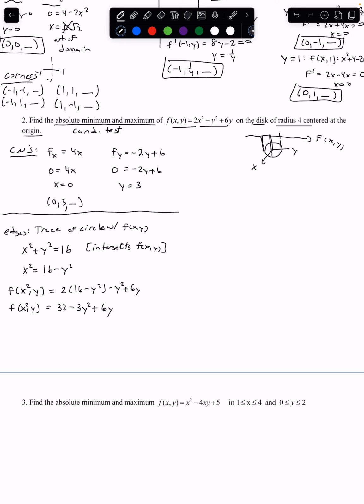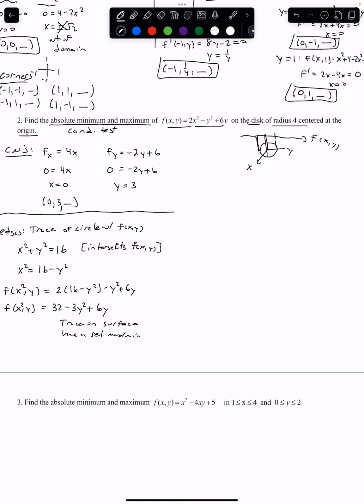Now recall, this is the trace of our cylinder on that surface. So remember, we're looking at a trace here on the surface. And we want to find out where this trace has a relative max or min. And that's what we're going to find here. So to do that, we're going to take the derivative of it.